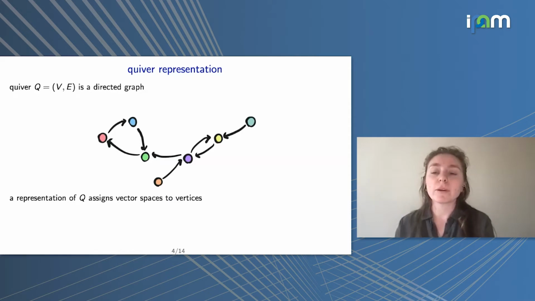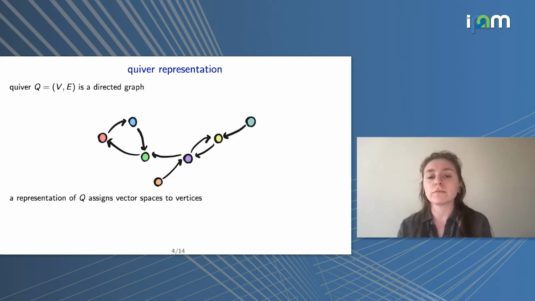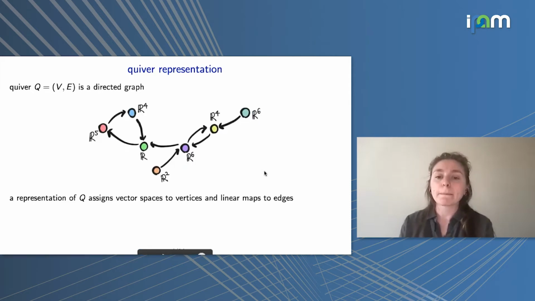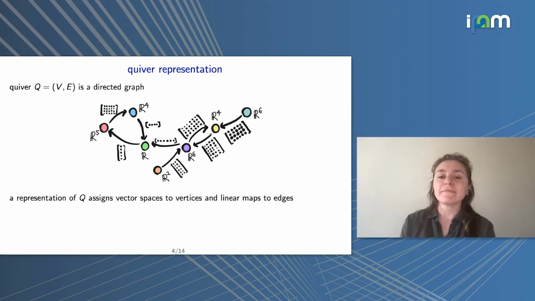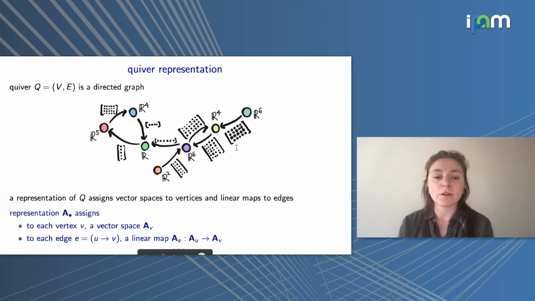Okay, and then a representation of the quiver assigns vector spaces to the vertices. So each vertex gets a vector space, and it assigns linear maps to the edges. So here are the assignments of the vector spaces: there are the vertices, the vector spaces attached to the vertices, and then the linear maps on the edges.